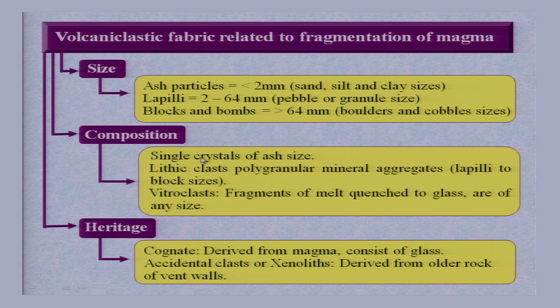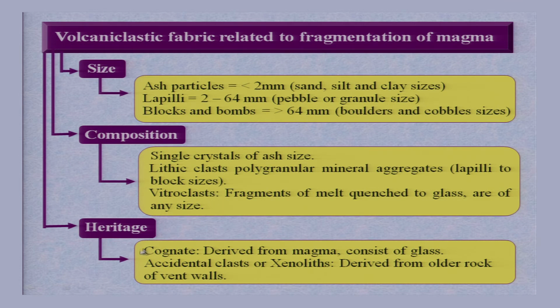Here the composition is more or less uniform. Here the composition is varied. The third one is vitroclast: fragments of melt quenched to glass, of any size. So, the fragments are of varied size, but they are glassy fragments. Their composition may be different, but they are glass.